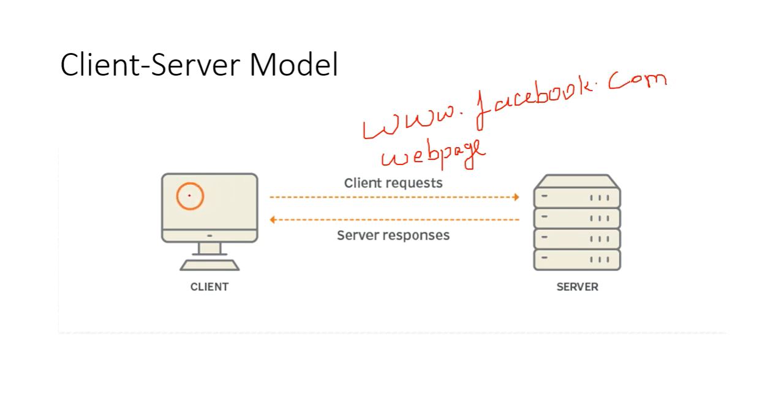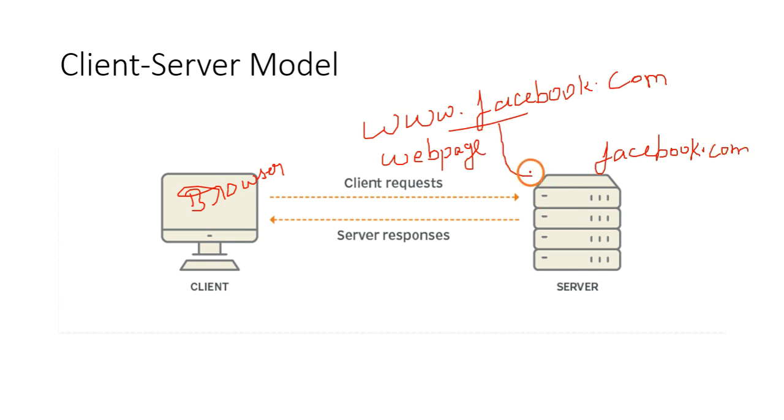So you opened a browser like Google Chrome or something, and you have typed www.facebook.com. So that is your request. So the request goes to the Facebook server. Facebook will have so many servers, so one of them will take your request. Okay, so this is the facebook.com server.